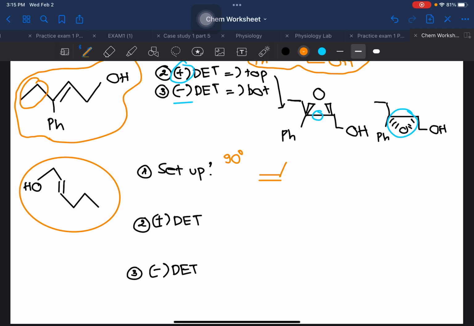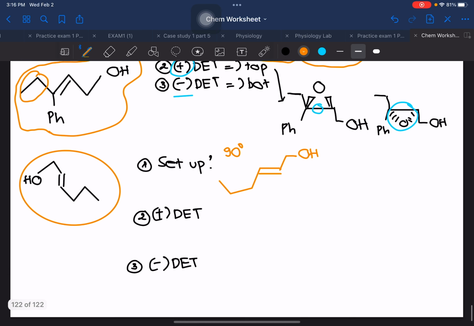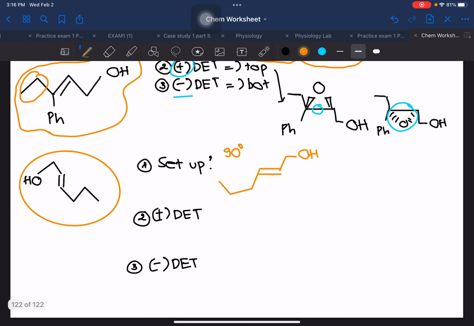Where you have your OH on the right, but now it's on the top. It's not on the bottom, right? And then that's anti to a propyl group on the other side, the left side, right? So this is a 90-degree turn clockwise.